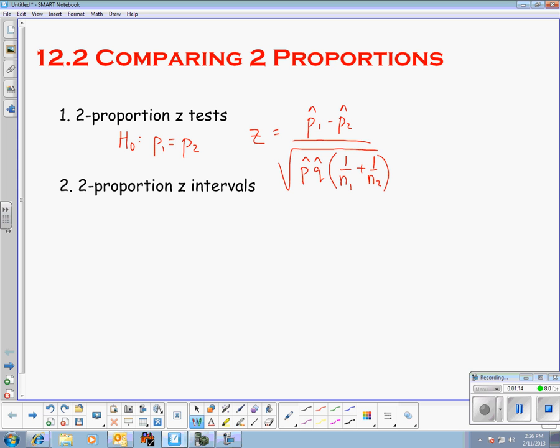And then one thing you got to know is that this P hat and Q hat here are pooled, meaning that's the combination of all your two separate samples put together to get the complete proportion of successes and failures, P and Q, based on everybody.